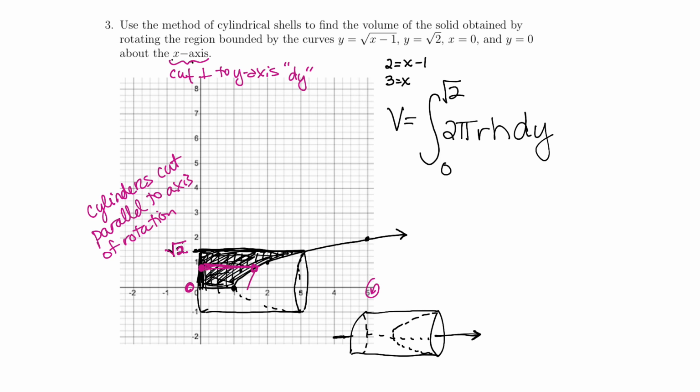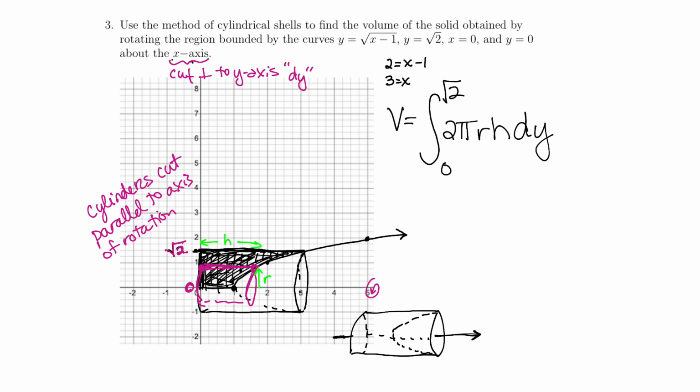So when you draw your cylinder in, you can identify the height for that cylinder, and you can identify the radius for that cylinder. And remember, the height will be defined by functions. The radius is always the variable of integration. You do need to switch things over.